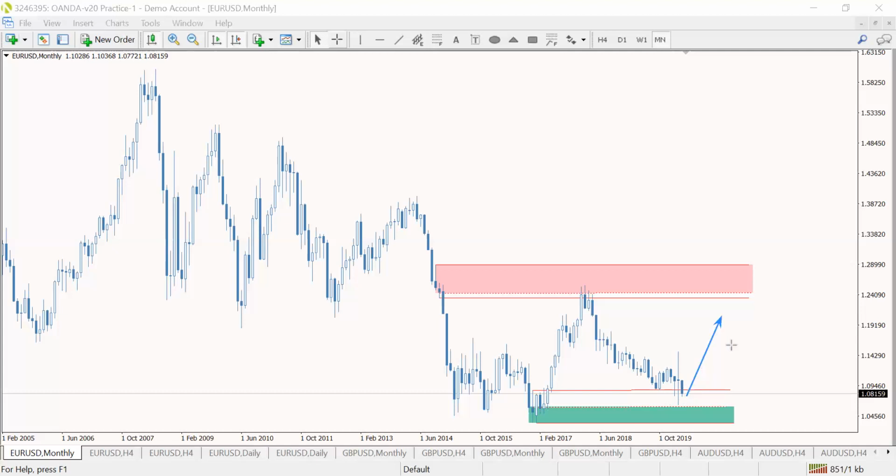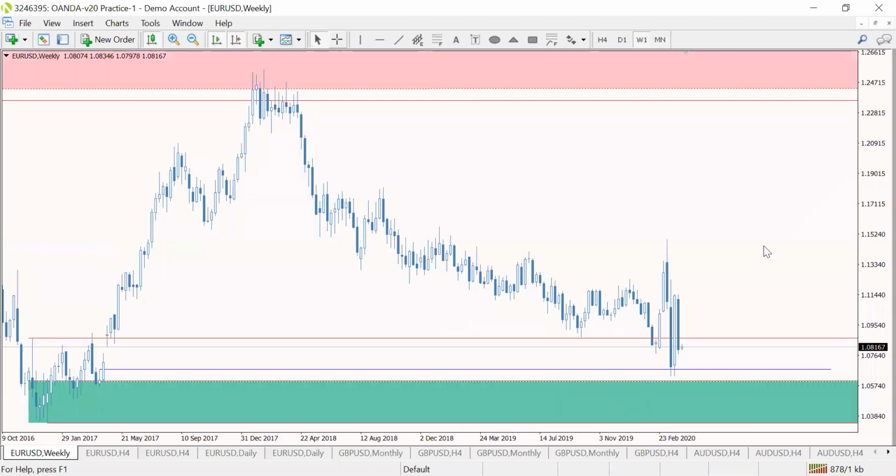Okay, now that's fine. Let's go to the weekly time frame. Now on the weekly time frame, we have removed this supply zone.